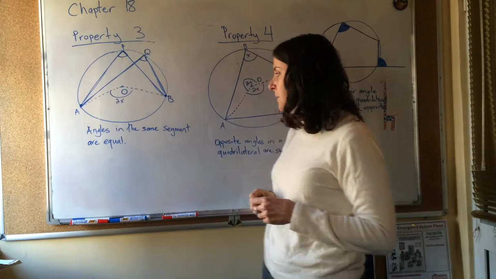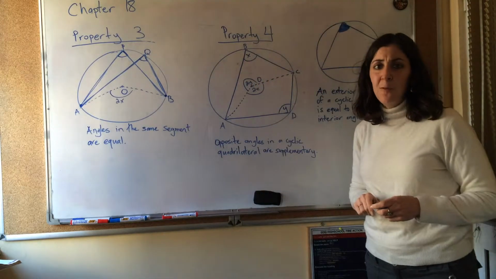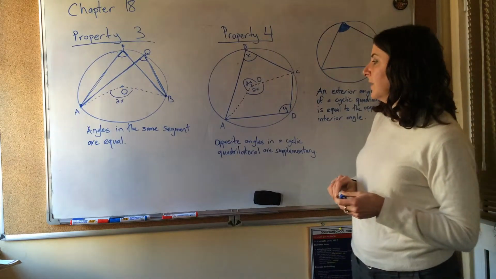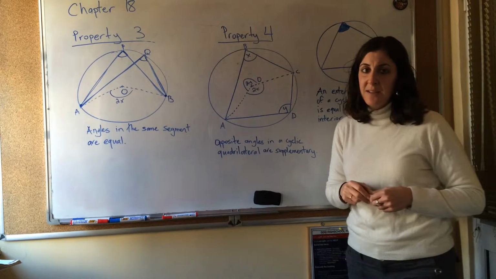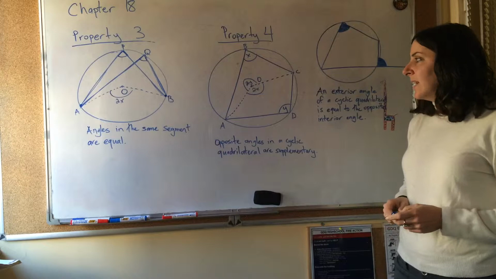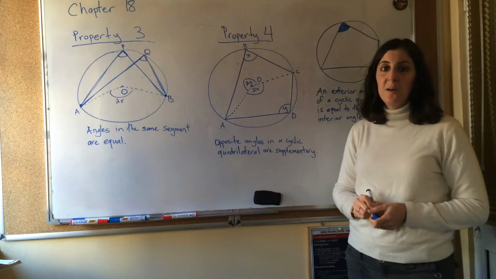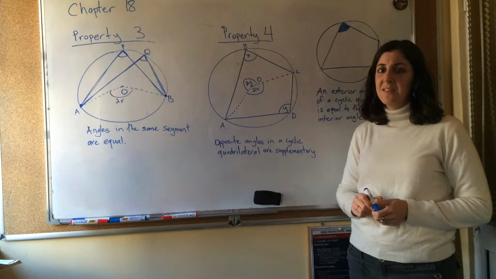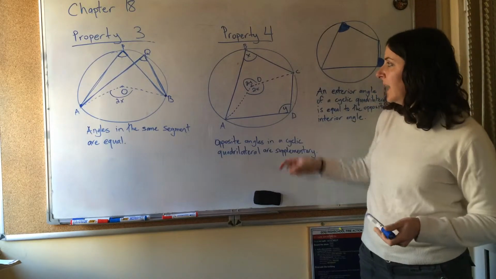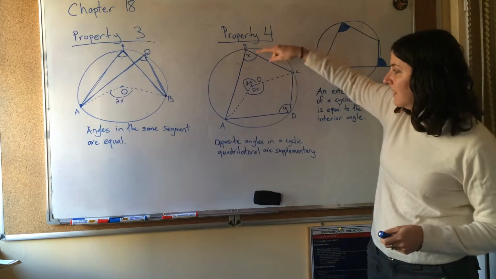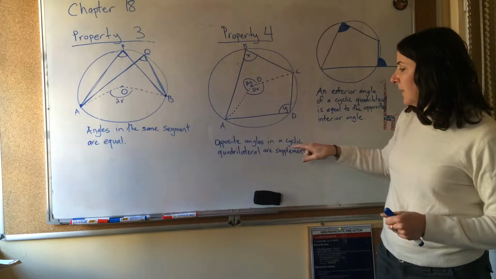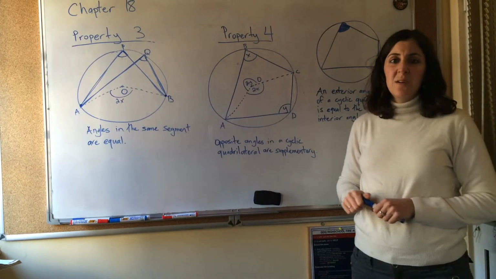So that's that property. And then we have property 4, and then we have an extra that goes along with it. So what this property is saying is opposite angles in a cyclic quadrilateral are supplementary. So you might have a few questions about what that's even saying. First of all, opposite angles, so angles that are across from each other, and we're talking about in a cyclic quadrilateral.